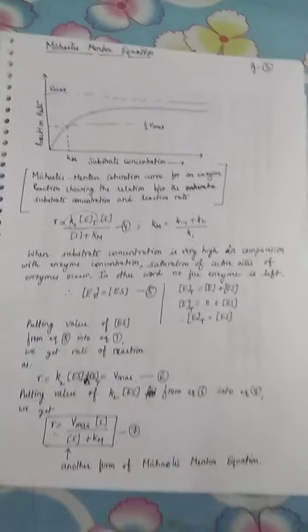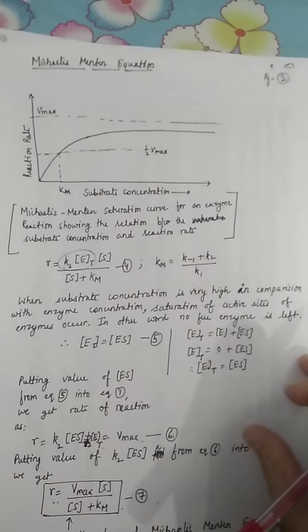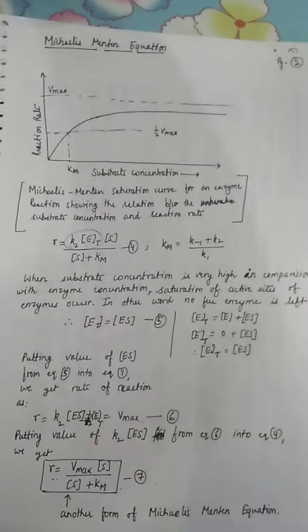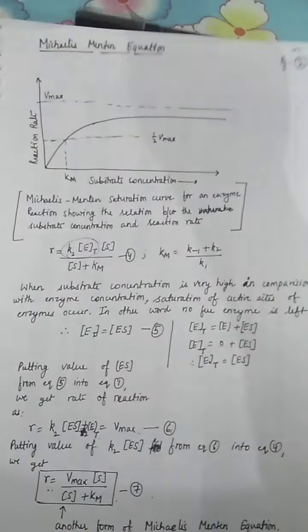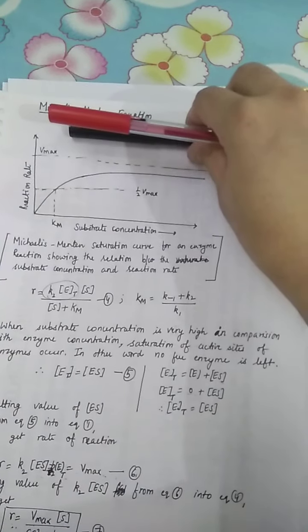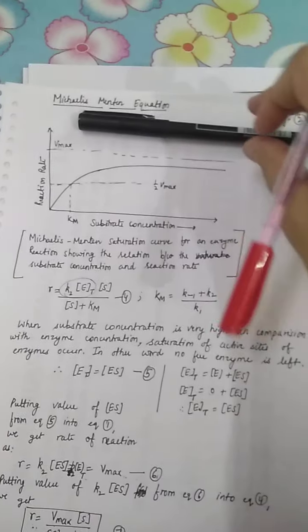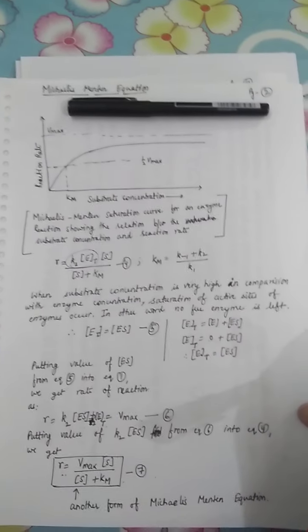Now this is the Michaelis-Menten saturation curve for an enzyme reaction, showing the relation between the substrate concentration and our reaction rate.